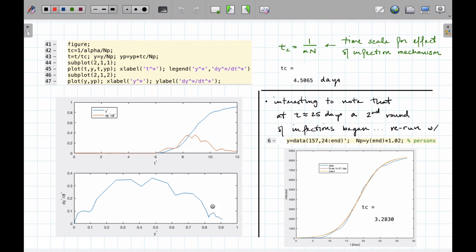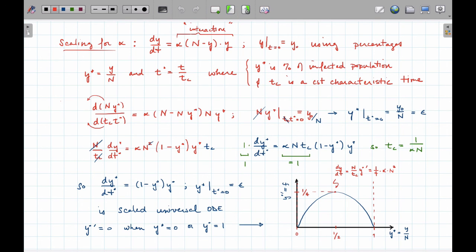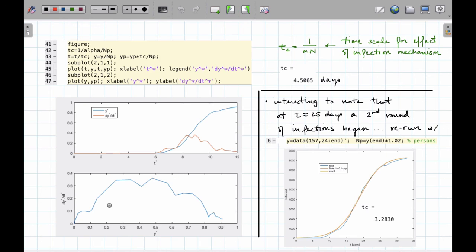So this dimensionless dy star dt star plot as a function of y star is exactly what we would have seen over here, only it's now rendered dimensionless. And in our particular problem, if we take 1 on alpha times n, we're going to get 4.5 days is about the amount of time we need to watch our situation in order to see the effect of community spread.